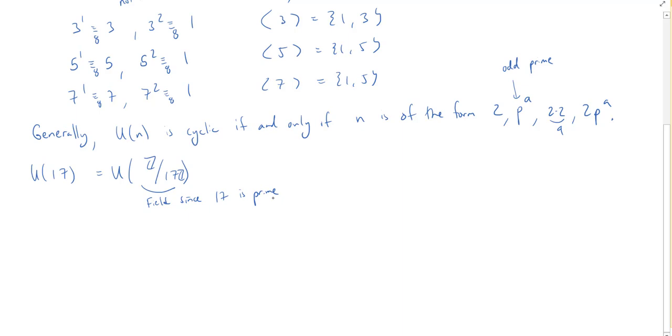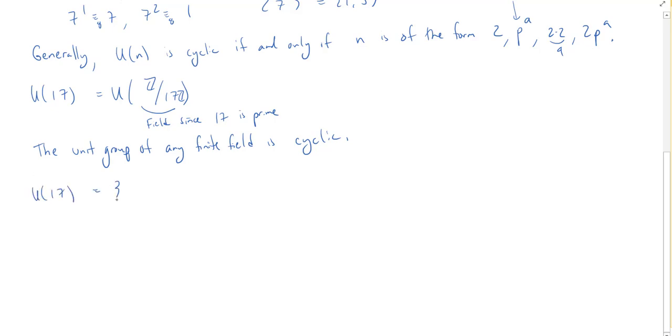And there's a nice classical result which says that the unit group of any finite field, and this is certainly a finite field, there's not an infinite number of elements, is cyclic. So that would immediately tell us that U(17) has to be cyclic. Again, maybe you don't have that result in your introductory group theory course, so let's do it manually.